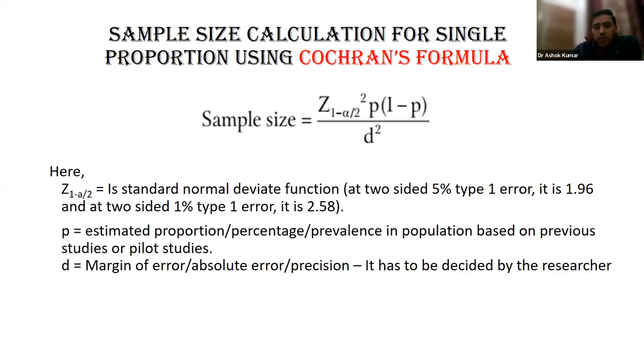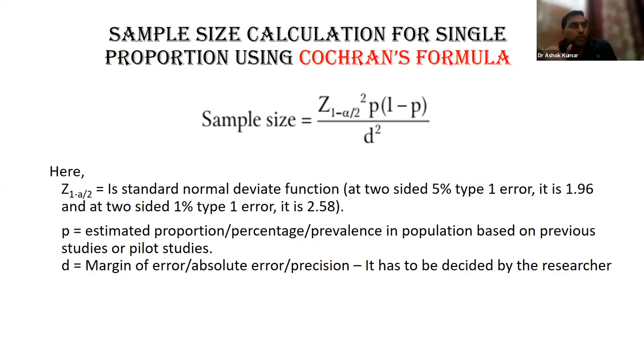What is the name of this formula? It is called Cochran's formula. We have to remember that this formula is a sample size calculation for a single proportion, single prevalence, single incidence, single percentage.